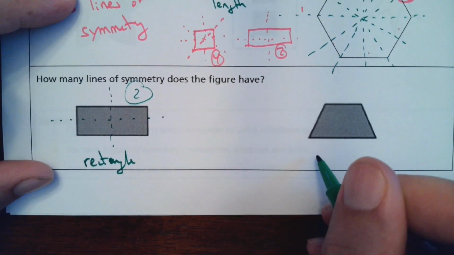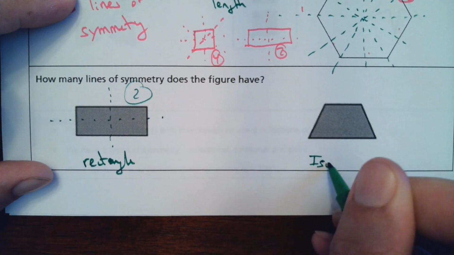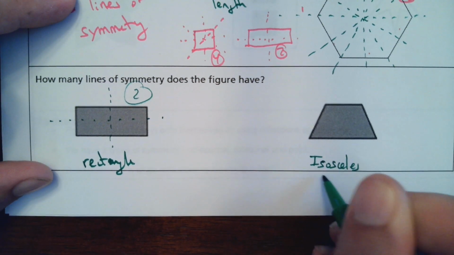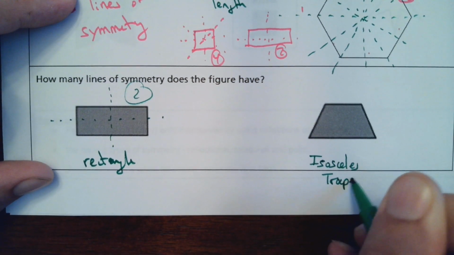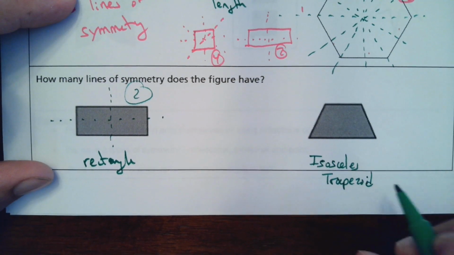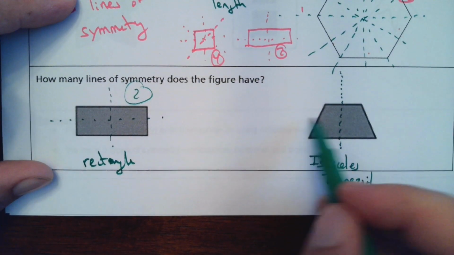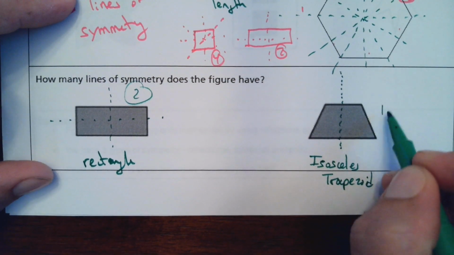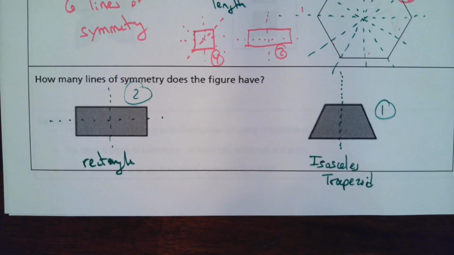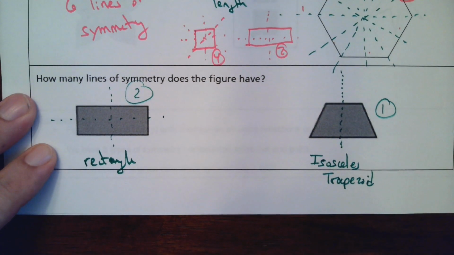This is a trapezoid. So this is actually an isosceles trapezoid. And it's just going to have 1. Top half doesn't match the bottom half, so it's only got 1 line of symmetry. All right, so that's reflectional symmetry.